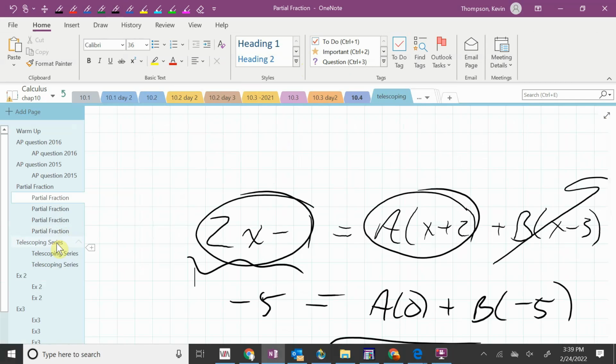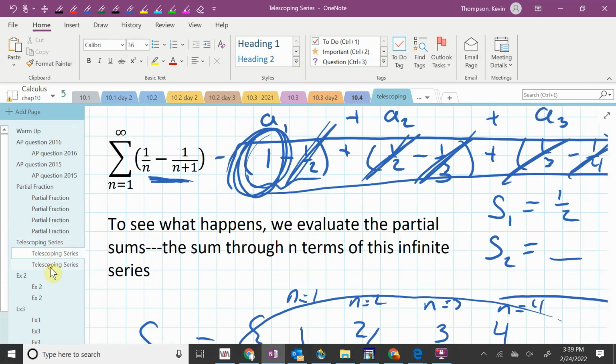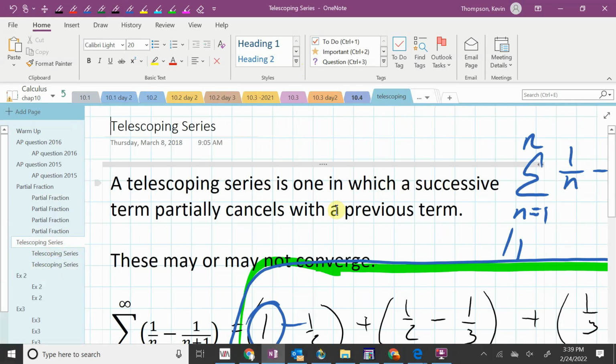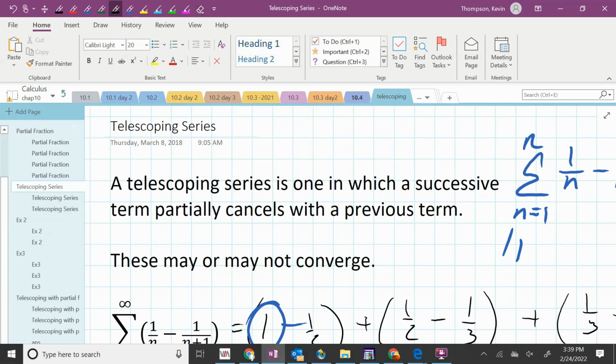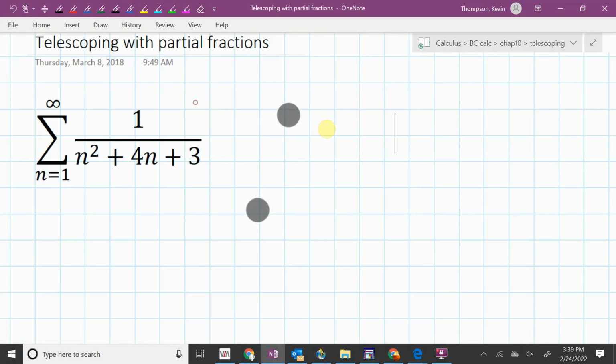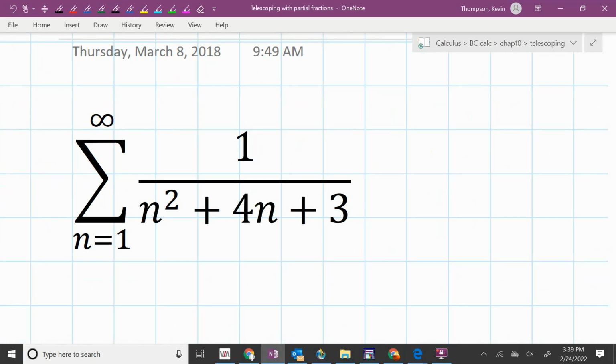New problem. Here it is. So what we have here is a summation, but when you look at that denominator, that's where I'm starting to see the partial fraction decomposition.